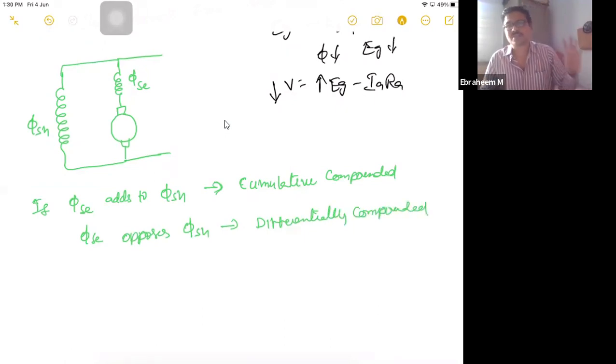It can be long shunt or short shunt. So the series flux can add or subtract. It will be in the direction of the shunt field flux, or it can be in the opposite direction. So you will have an increase or decrease in shunt field flux as the armature current increases.